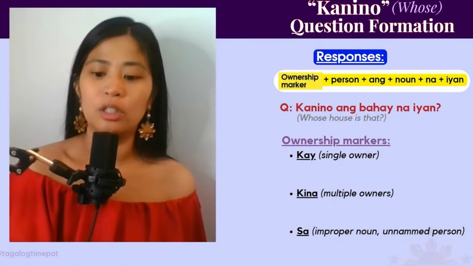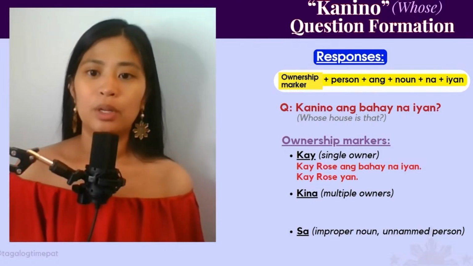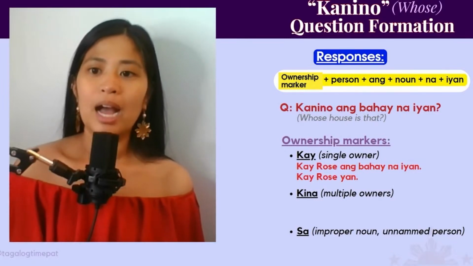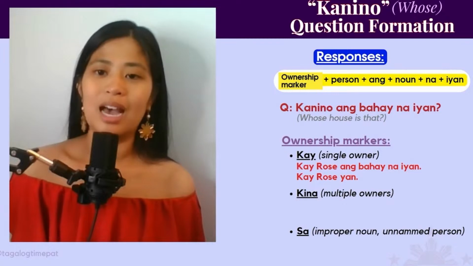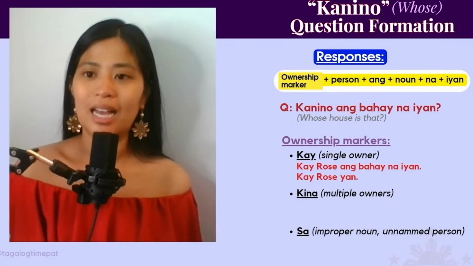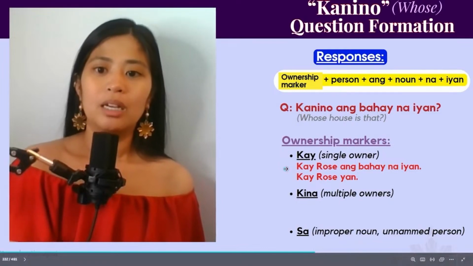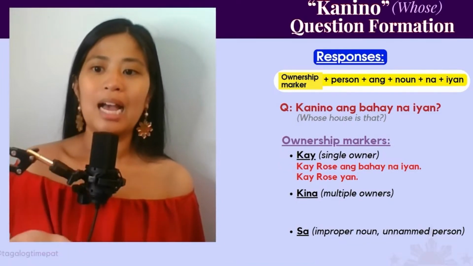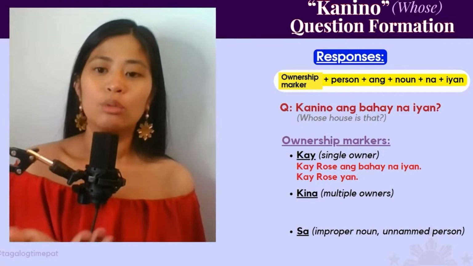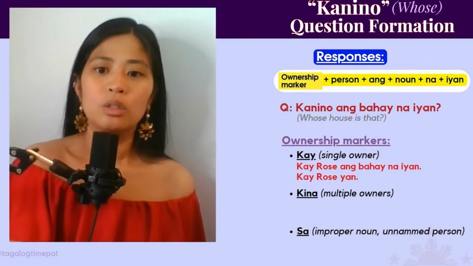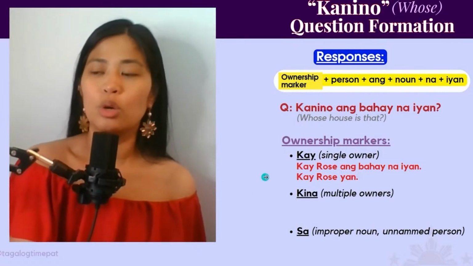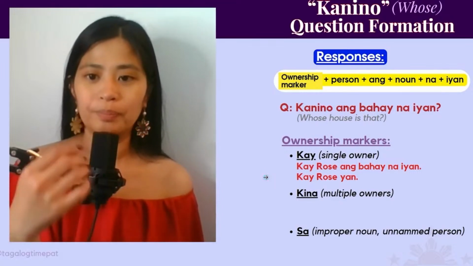So we'll see what that would look like. So an example here, kanino ang bahay na iyan? Whose house is that? Or kaninong bahay yan? If it's just one person, it would be kay Rose ang bahay na iyan. Kay Rose yan. So we are using kay because it's just Rose. It's just one person, Rose.